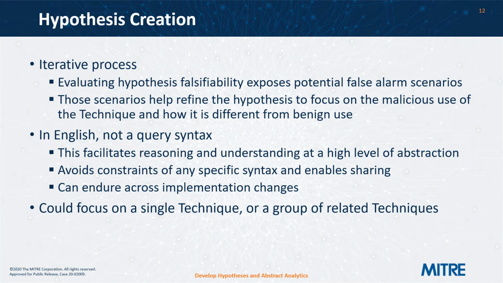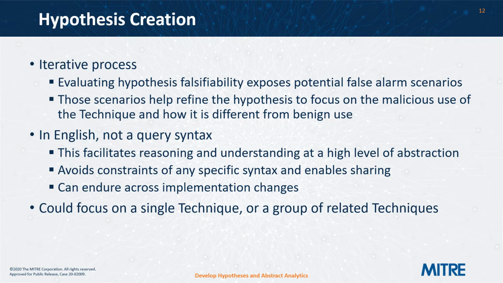As we've already seen with these two simple examples, hypothesis creation is usually iterative. As we've also seen in these examples, thinking about possible false alarms is one way to refine our hypotheses. And we need to remember the typical trade-off between precision and recall, even at this early stage.